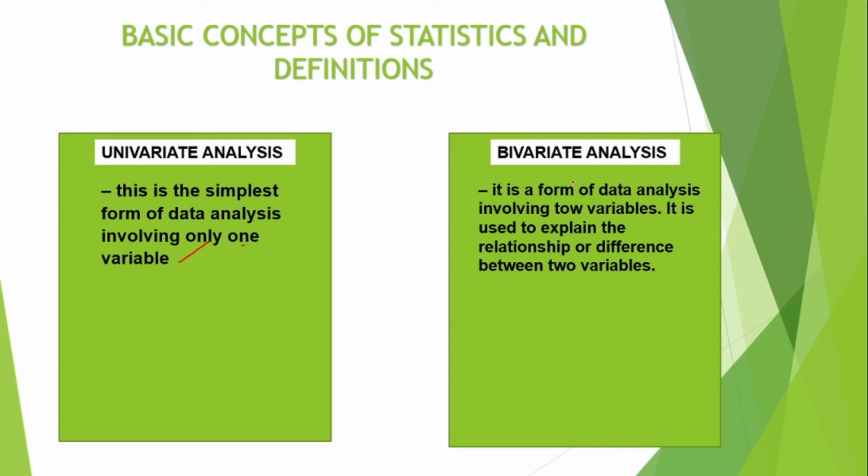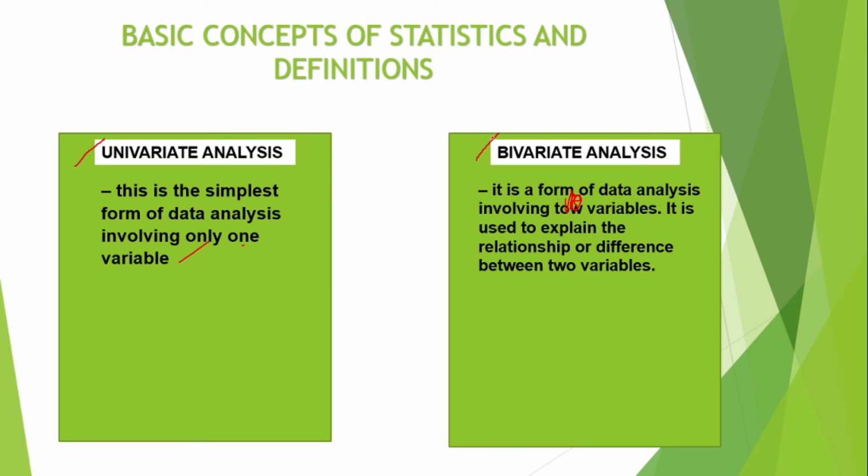While the bivariate analysis is a form of data analysis involving two variables. It is used to explain the relationship or differences between two variables. So ito, just one variable, and ito naman, it explains the relationship between two variables.